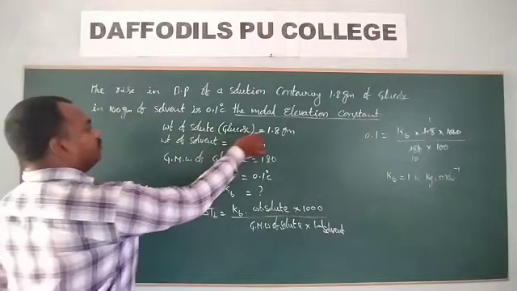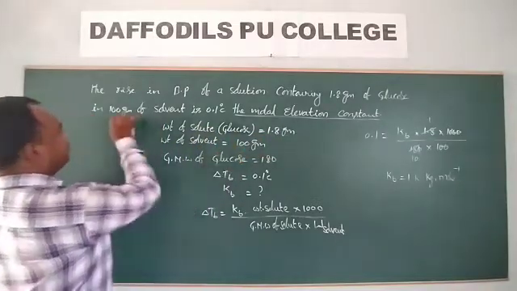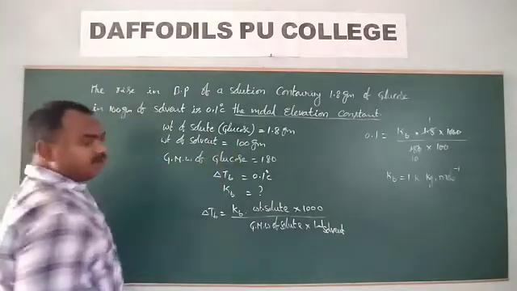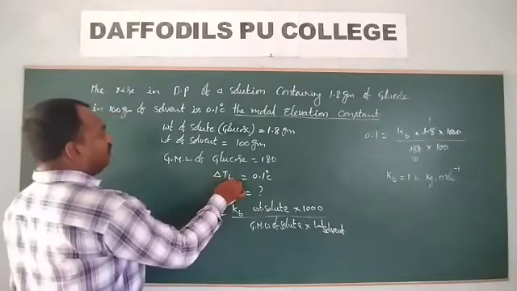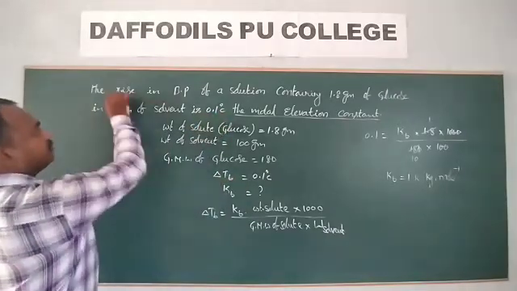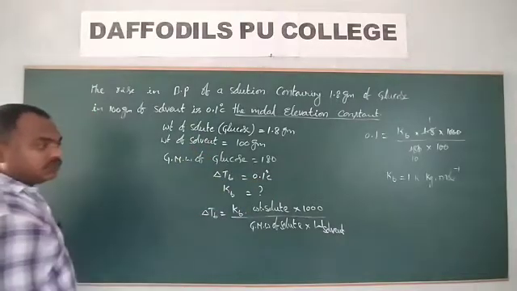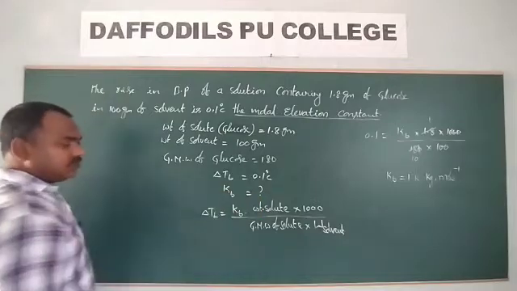So weight of solute how much? 1.8. Weight of solvent is 100 grams. What is the gram molecular weight of glucose? 180. Elevation in boiling point, how much they given? Rise in boiling point, elevation in boiling point is given by 0.1 degrees centigrade. So Kb is equal to question mark.